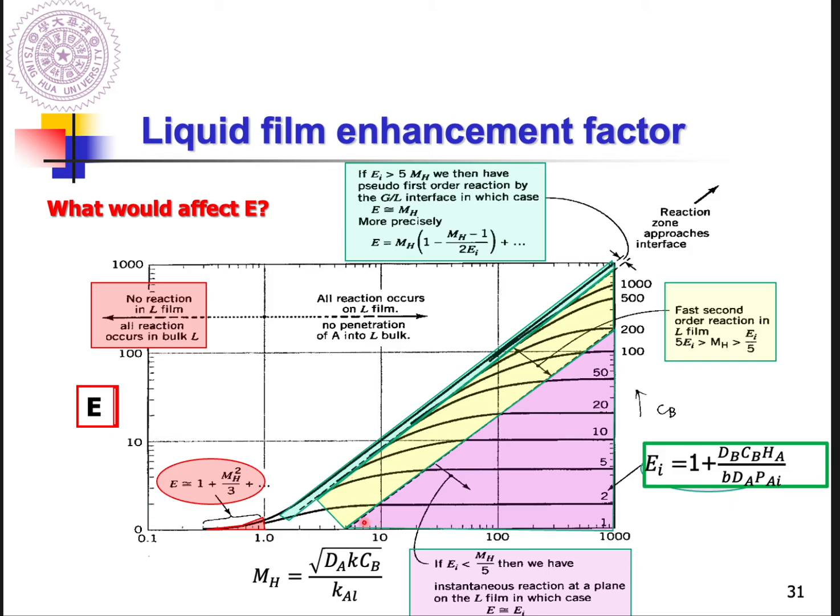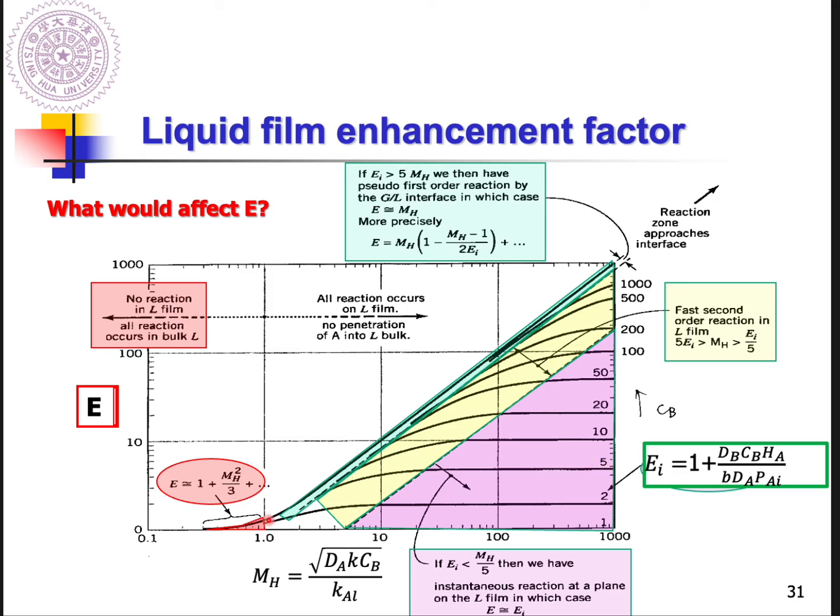So if we got EI equals 2 and MH equals 5, then I can get the value for E. As long as I know E, I can put it back in and get the RA formula.